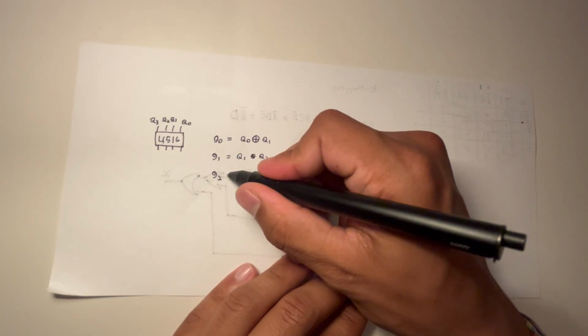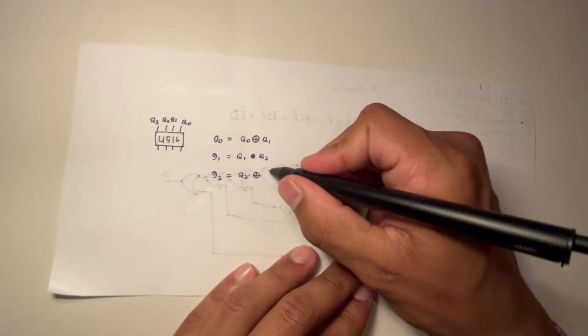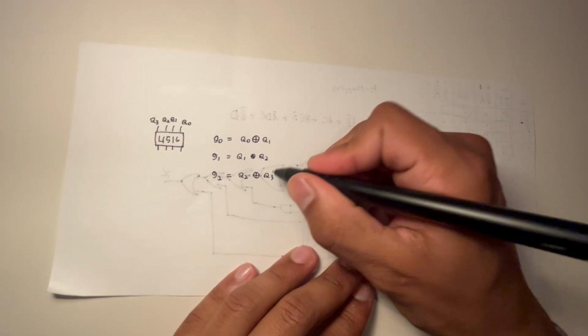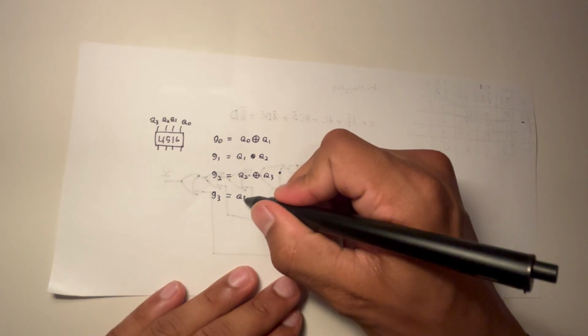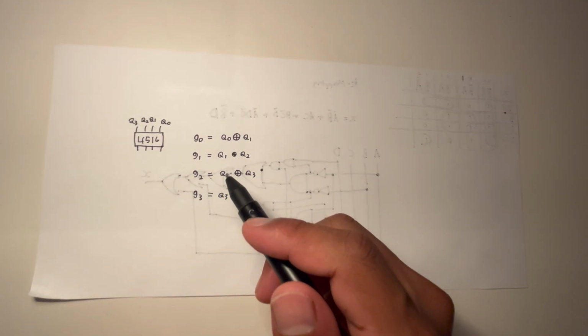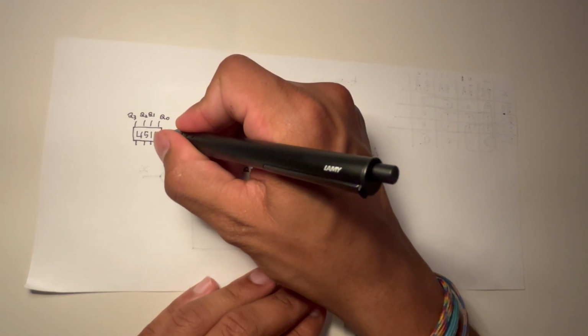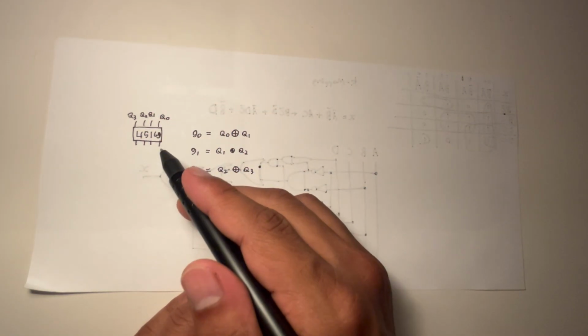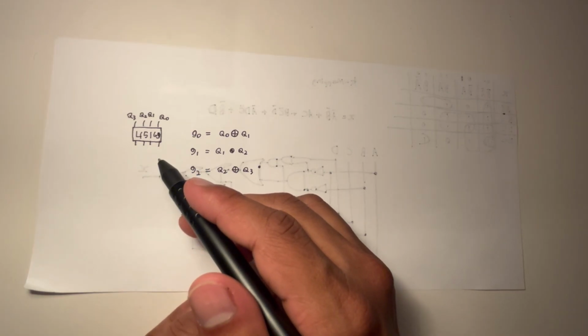Gray code 2 is equal to Q2 XORed with Q3. And gray code 3 is simply equal to Q3. So this can be easily implemented with simple XOR gates. We can call it the 4516G, which paired very nicely with our created 4517G.